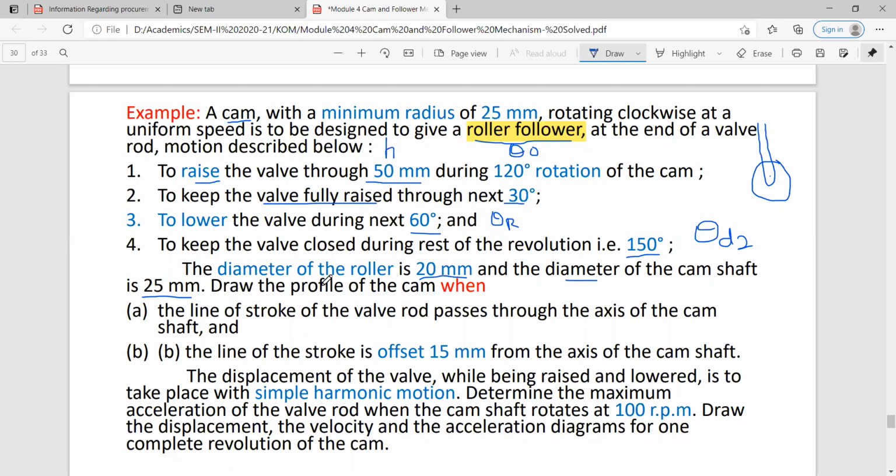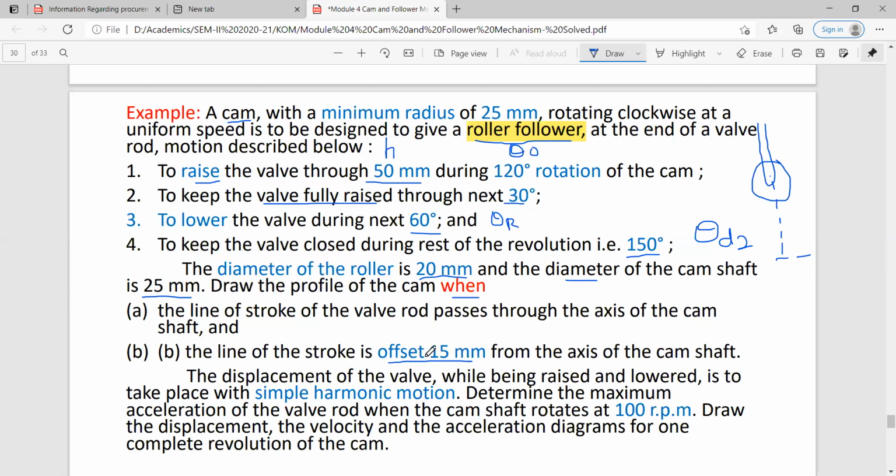Draw the profile of the cam when, first, there are two conditions. First one is a radial follower, where the line of the axis of the follower will pass through the center of the cam. Second is that the follower is offset. Here it is given as offset by 15 mm.